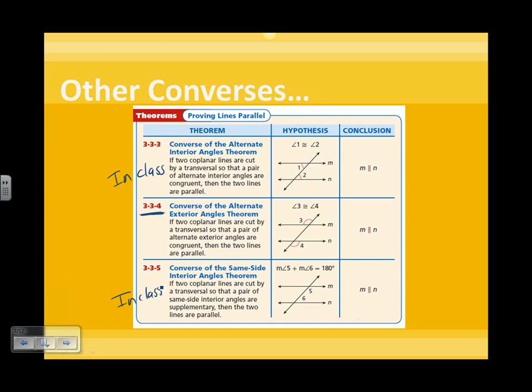Again, they all start with something about the angles, and then they draw a conclusion about the lines being parallel. Here, angles are congruent implies lines are parallel. Here, angles are congruent implies lines are parallel. And here, angles are supplementary implies lines are parallel.